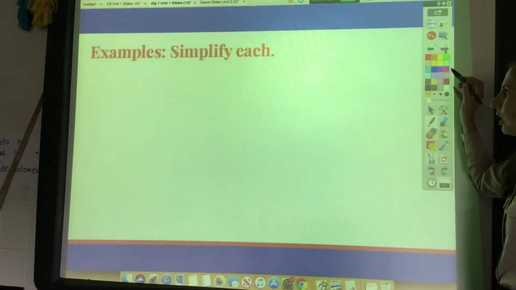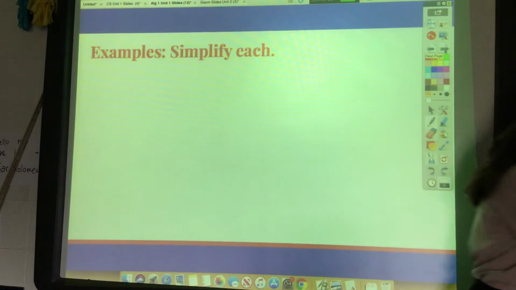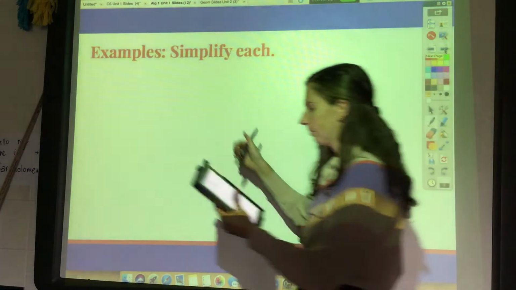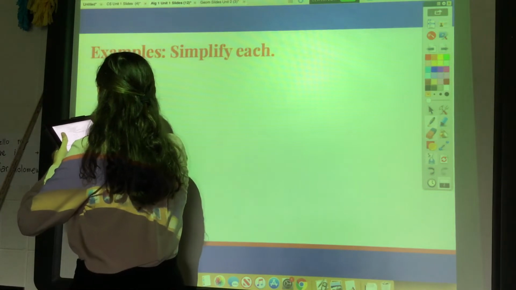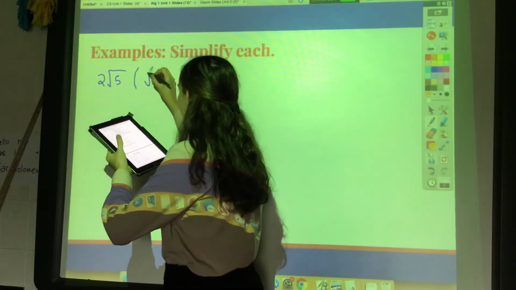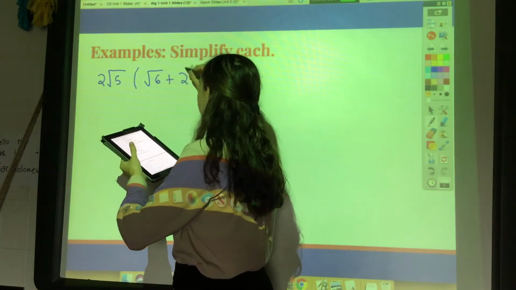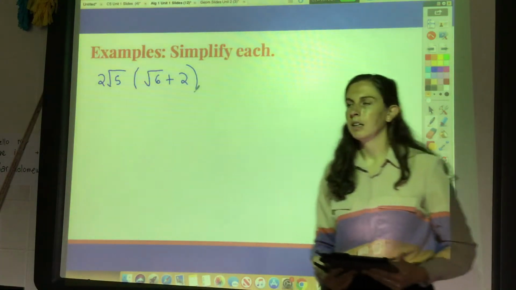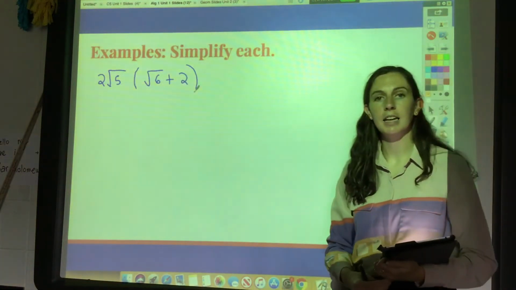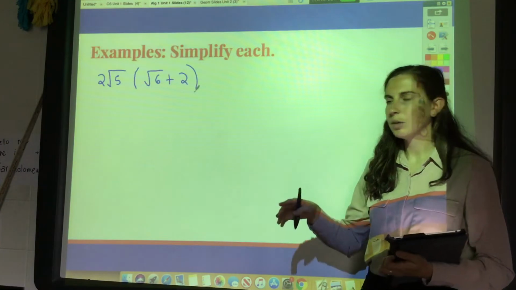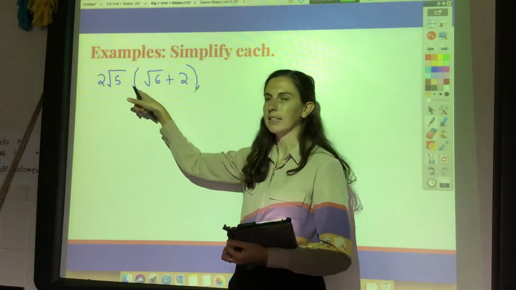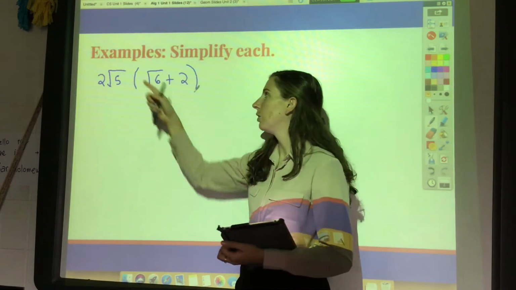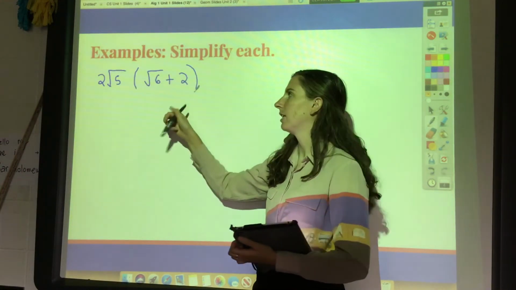Okay, so let's try a few examples of simplifying. 2 root of 5 times the quantity square root of 6 plus 2. None of that breaks down, but notice, just like with any number, if I have something in front of parentheses, it needs to be distributed to everything inside the parentheses.